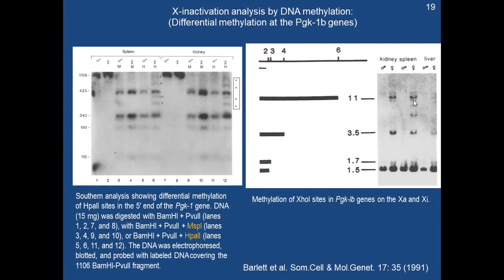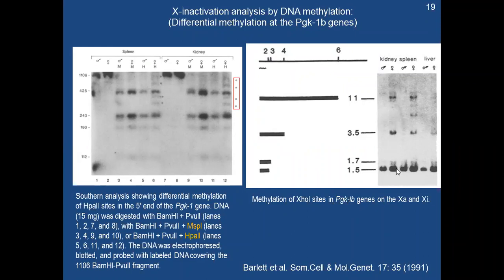Are you all with me? Yes. So therefore, this means that in females, there are more sequences corresponding to the PGK1B gene, which is also on the X chromosome, that are methylated, most likely in the inactive X chromosome, because this is only present in the females.